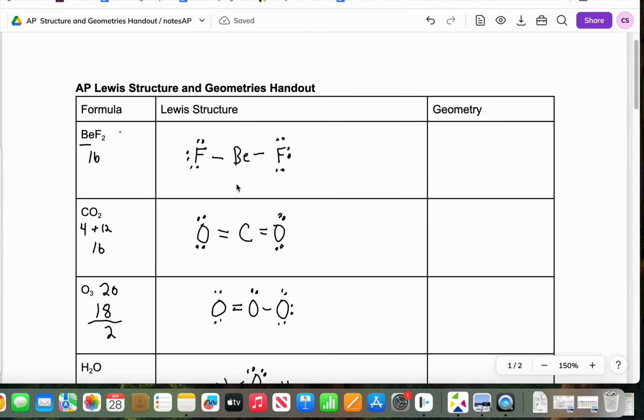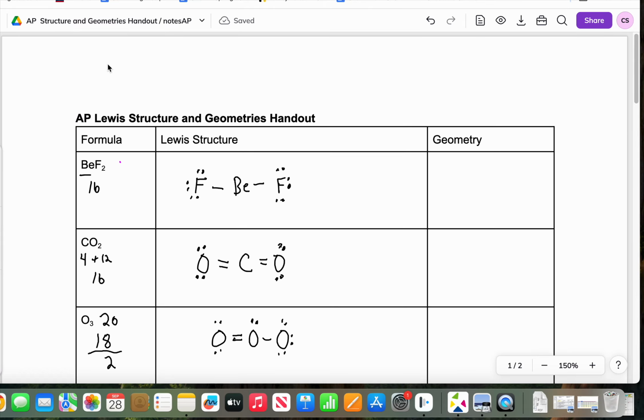A 3 atom molecule can either be linear or bent. So the geometries are either linear or bent. What you've got to do to figure this out is look at the central atom.